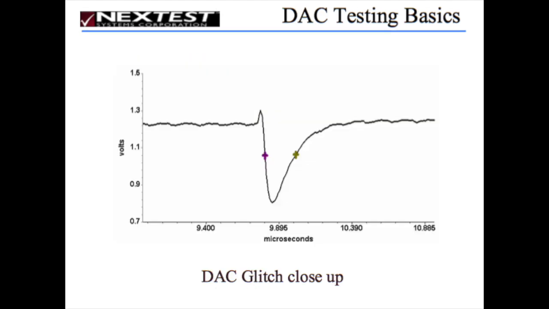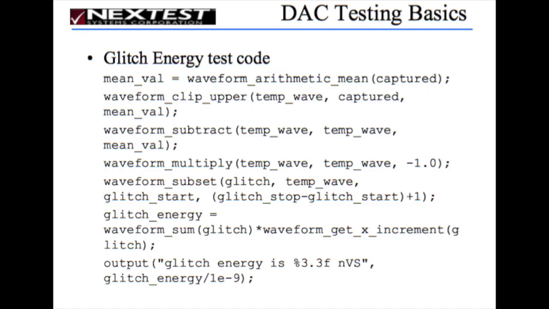So we find the mean val, and we clip the upper part of it. Waveform subtract temp wave mean value, so we subtract out the mean value from the temp wave.